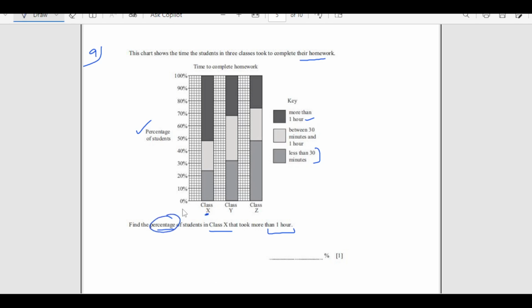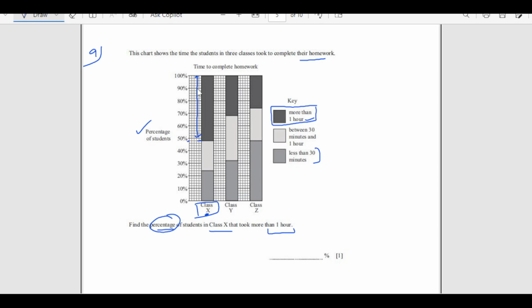So we are looking for the percentage of students in class Y. That means we are looking for this part of the graph only, and there are 3 different parts here: black, gray and dark gray. More than 1 hour is this black part here, you see. So we are going to focus only on this part from here to here in the graph. This is 40 and 50, so one small square represents 2.